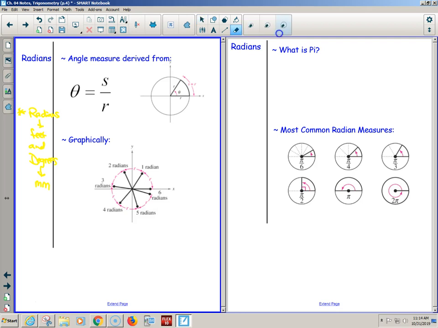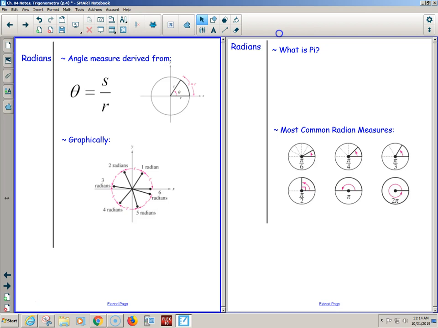Okay? But which one, let's just be honest, are we more familiar with? Degrees. Yeah, if I say, hey, what would an angle that's like, I don't know, 4.27 look like? You're like, 4.27 degrees, right? No, just 4.27. Well, if it's not degrees, then what must it be? I don't know what 4.27 is.